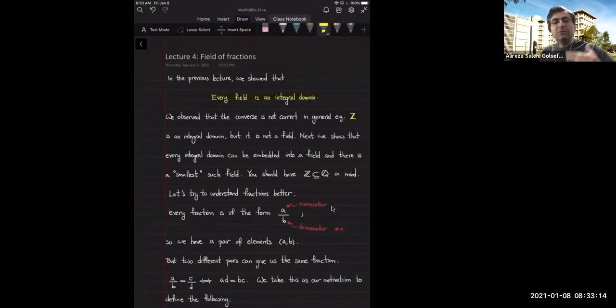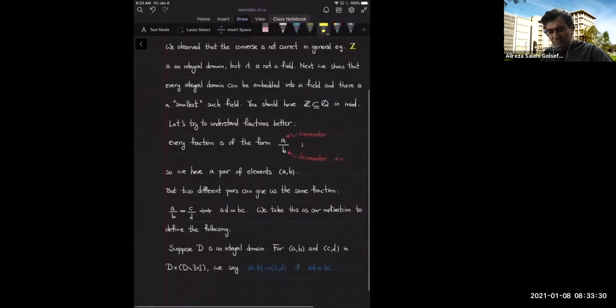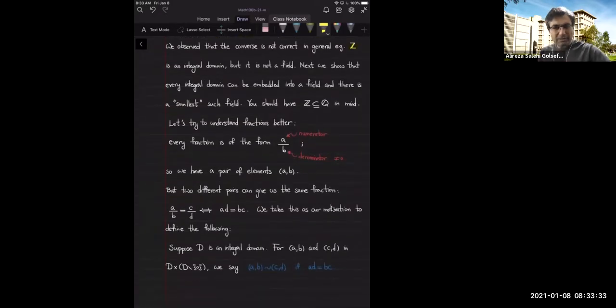We want to do the same kind of process in order to construct the smallest field that contains a copy of a given integral domain. So let's look at rational numbers closer and try to mimic how we can construct rational numbers and create the field of fractions of a given integral domain.